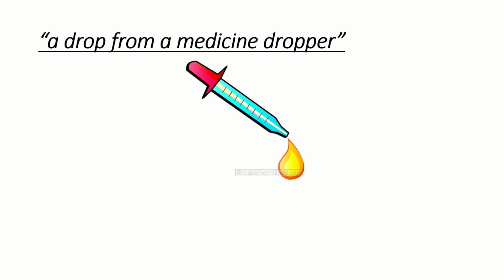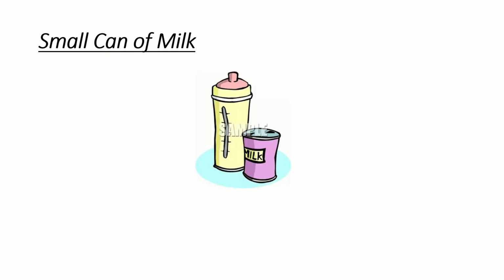For volume or capacity, a drop from a medicine dropper is approximately 1 milliliter or mL. And then a small can of milk is 120 mL, so that's 120 drops from the dropper.